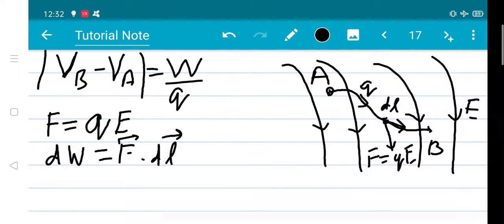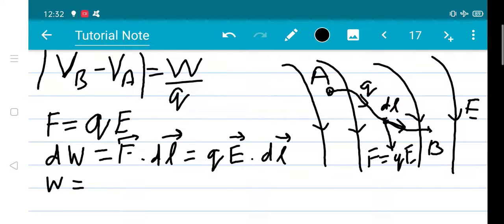Putting the value of F, dW equals QE dot dl. Now the total work done from A to B can be obtained by integrating this equation. So we can write W equals the integral of QE dot dl from A to B, on the entire path.